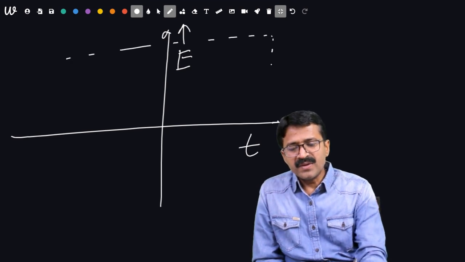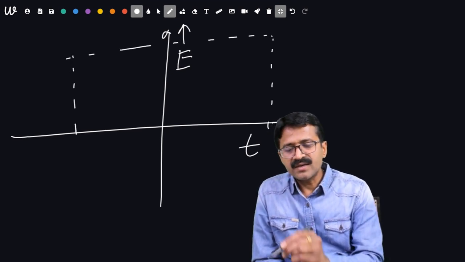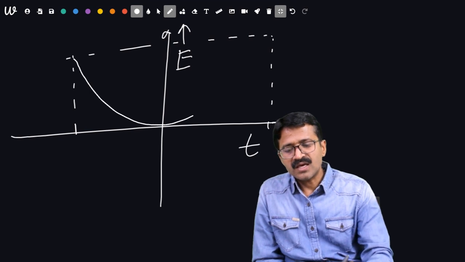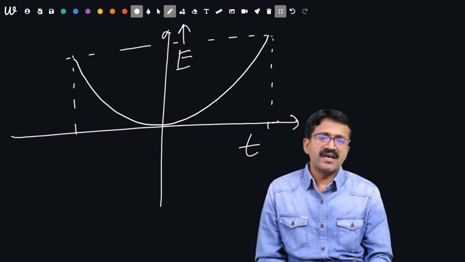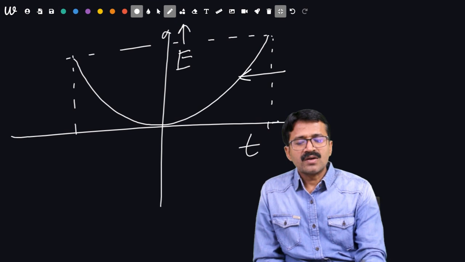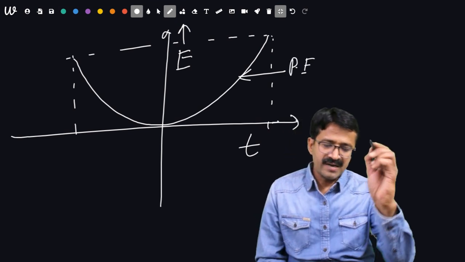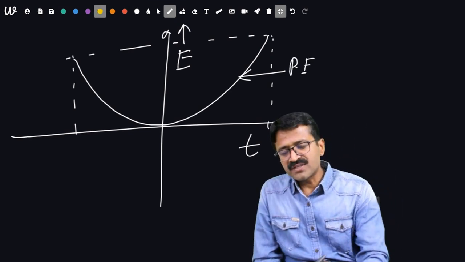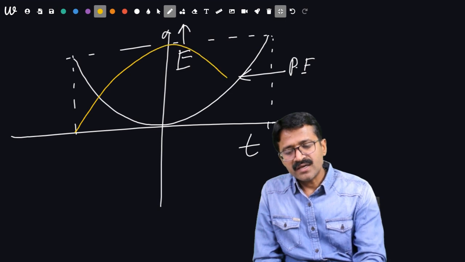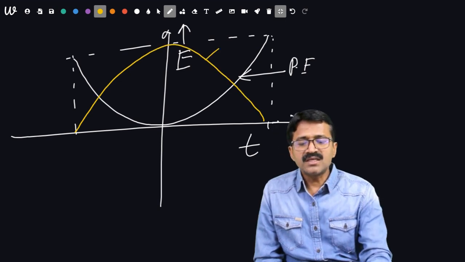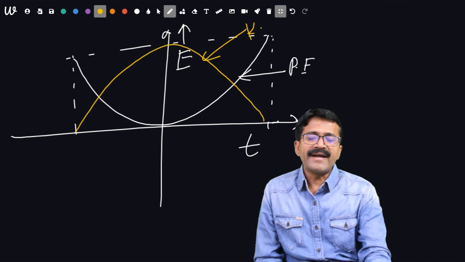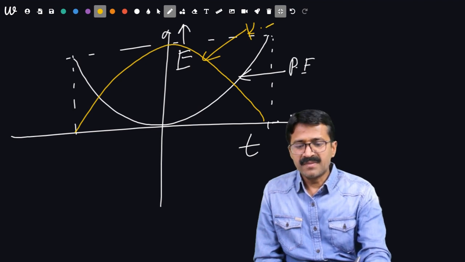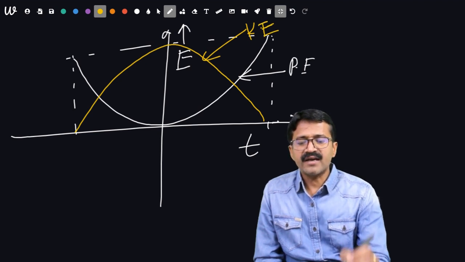The graph will be represented in such a way. If this graph is there, it will be for potential energy. Remember, if the graph is in this way, it is maximum at 0. This graph will represent kinetic energy.